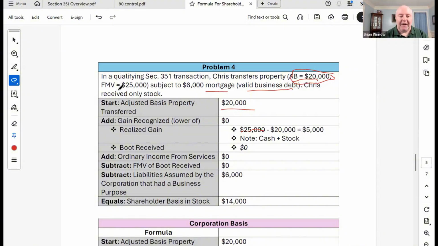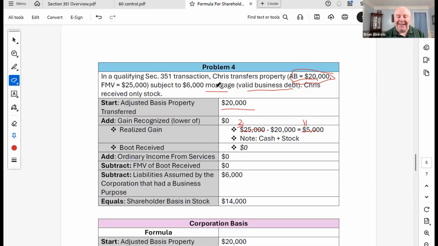Ignore that. 25,000 plus 6,000. That should be 31,000, right? That should have been 31,000 minus 20,000. Okay, and that should have given us $11,000 right there. So we have $11,000. Now, what is our boot received?